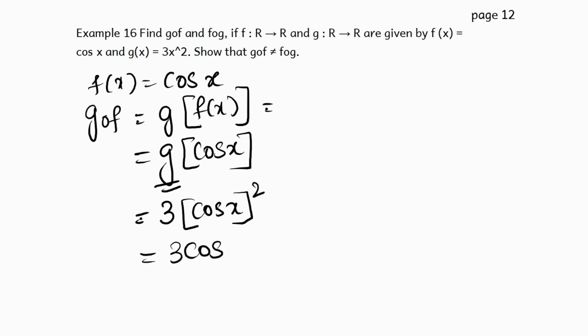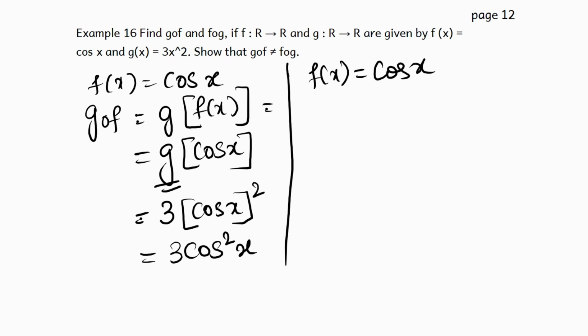Next, on the other side, f∘g is given by f(g(x)). What is g(x)? g(x) is 3x². What is f(x)? f(x) is cos. So cos of 3x².